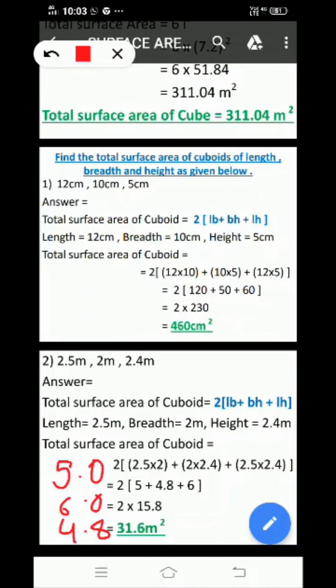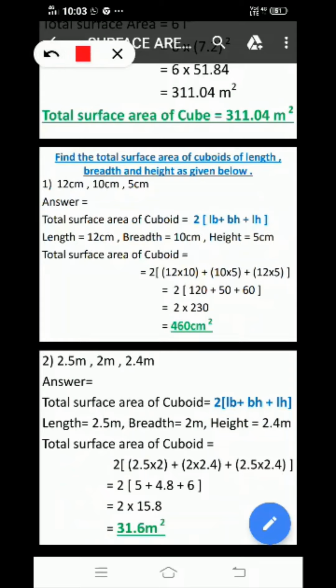Some students make a mistake here. They write like this: 5, 6, 5, 6 and 4.8. They do the calculation like this, and this is totally wrong. You concentrate when you do the decimal addition. You have to pay concentration on where you write the numbers, and this is very very important. Now do the addition, which is 15.8.